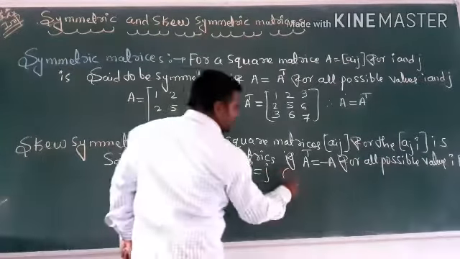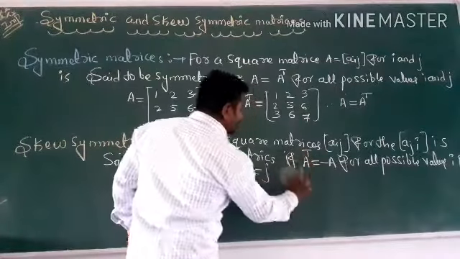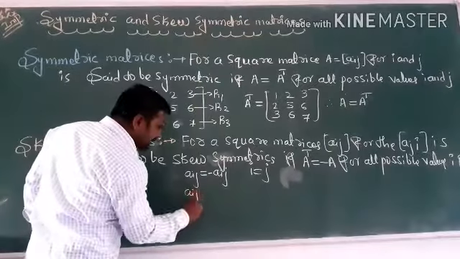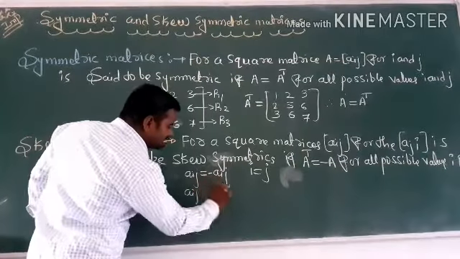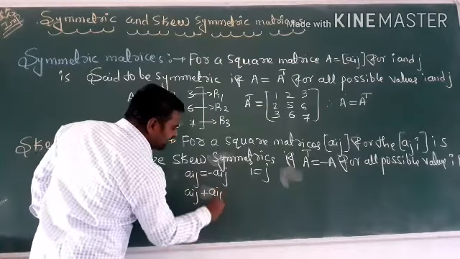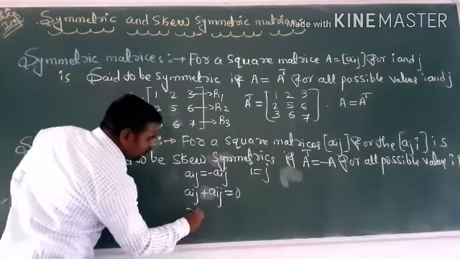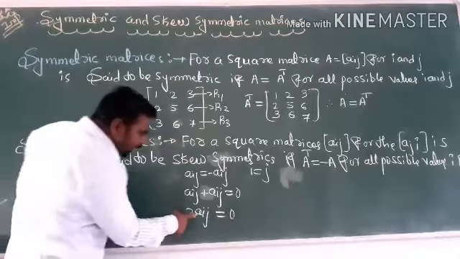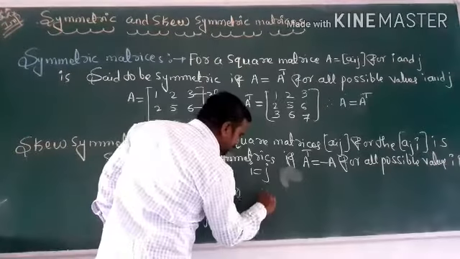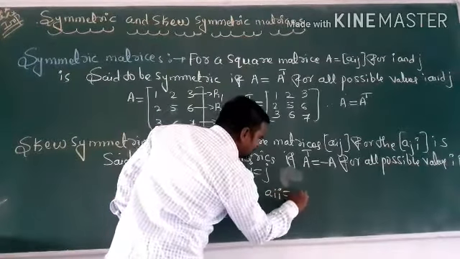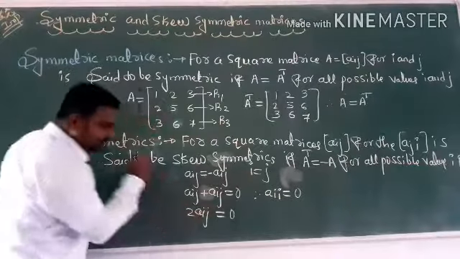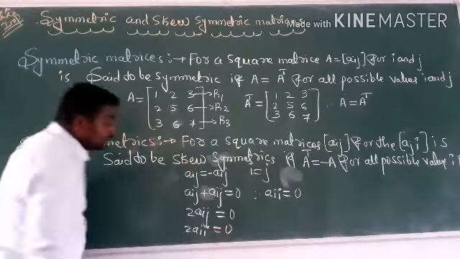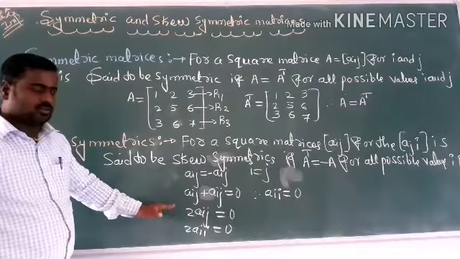In this case, carefully, aij is equal to minus aji. You can write m is equal to n, a square matrix. Under this condition, shifting to this side, aij plus aij is equal to 0, so 2aij is equal to 0. Therefore aii is equal to 0 because i is equal to j.